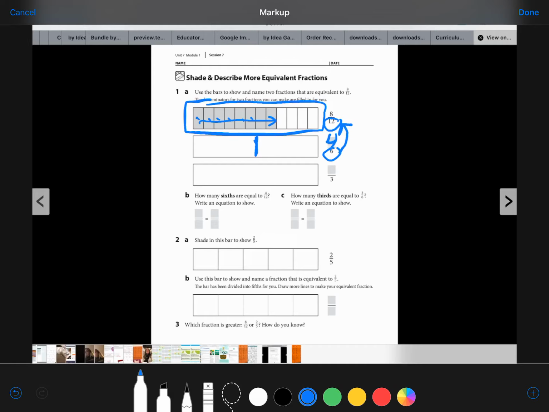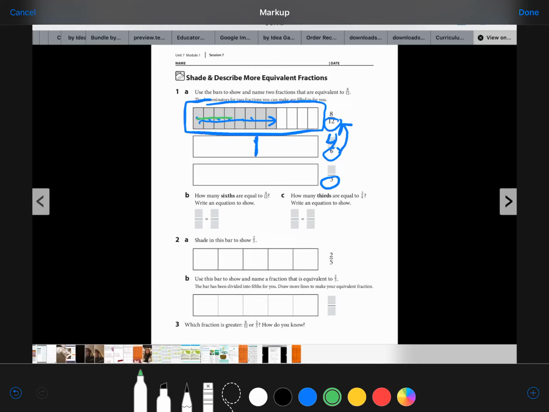And then when I come down to the next equivalent fraction, I notice the denominator has now changed to thirds. So again, if I go back up and look at my picture, I can see that 1, 2, to go over here 1, 2, 3, 4, because I know that 3 fits into 12 4 times.